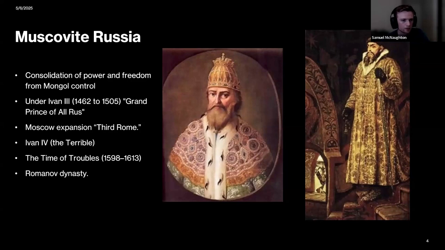They were also known as the Grand Prince of all Rus. During his reign, he managed to triple the territory of Russia. He began to really work on the infrastructure, fortifying this centralized power.